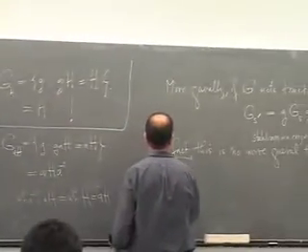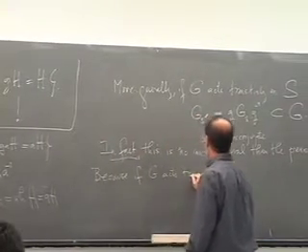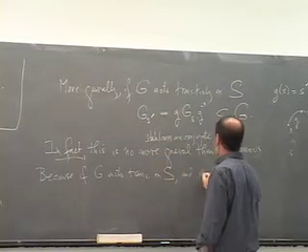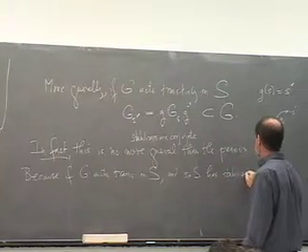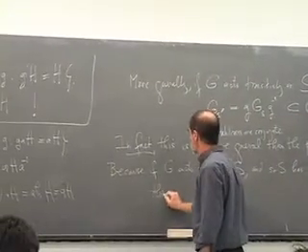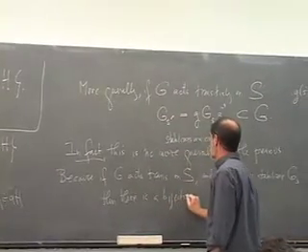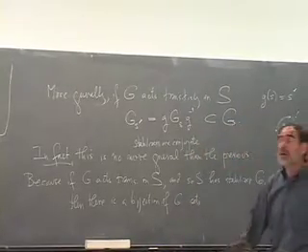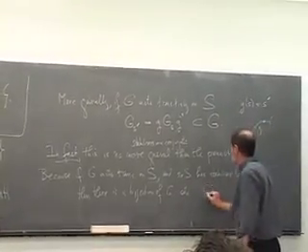Because if G acts transitively on S, and S in S has stabilizer G sub S, then there is a bijection of G-sets, so sets with a G action, the things that we're looking at now, between S and the cosets of G_S.